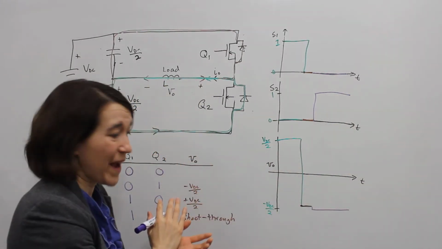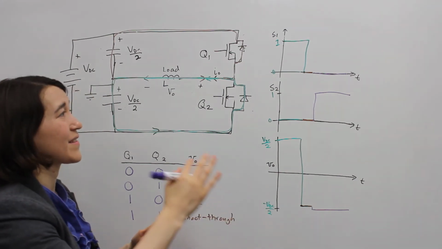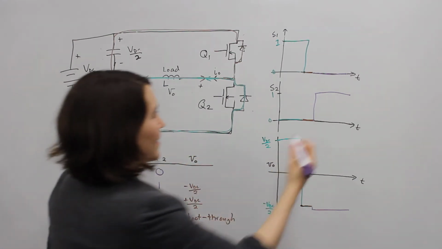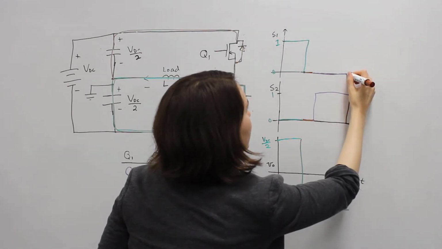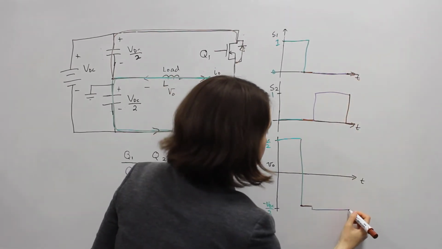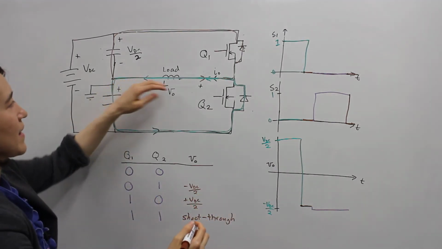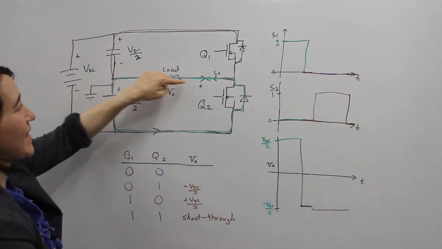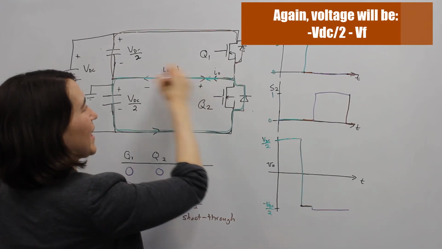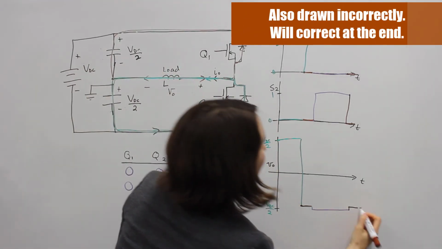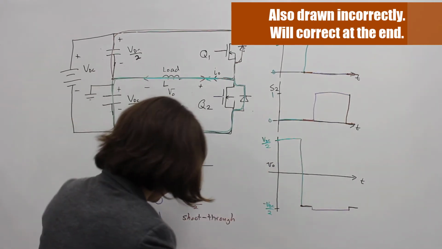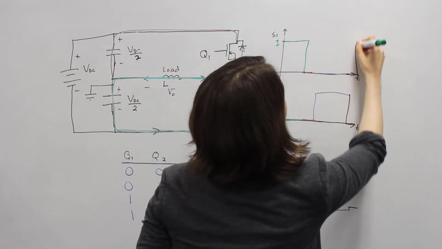Then if we want to switch back, we have to do the same thing again. We actually have to add in that dead time. So this will go back down. This will remain off for a short period of time. And let's assume that it's still flowing in the same direction. Then it's again going to go to that same voltage. We go to this value until we switch to the new value, starting the whole cycle over again.